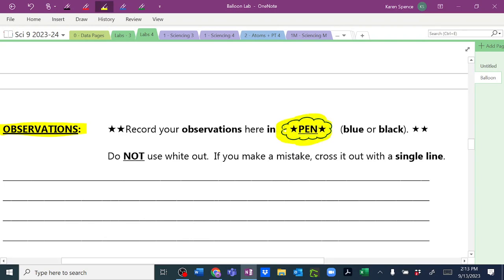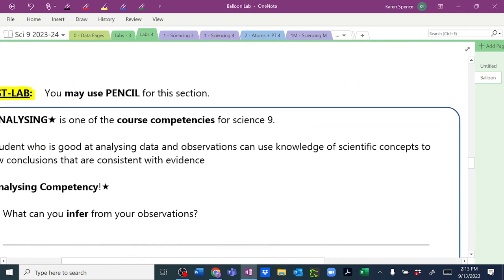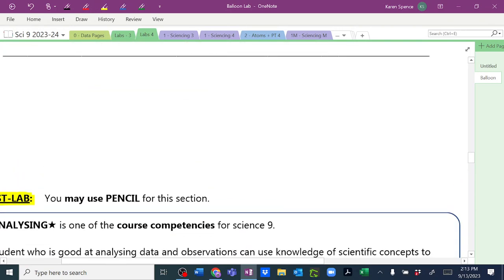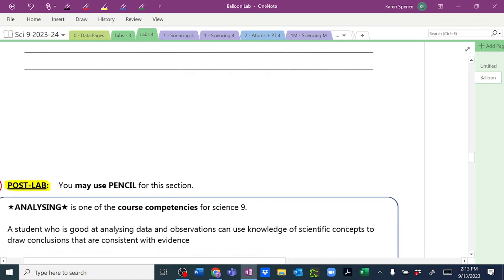Okay, blue or black. Do not use pencil, do not use whiteout. Don't scribble out a mistake. What should you do instead? Cross it out with a single line. Okay? So there's your observations. Again, there's a little bit of blank space if you want to draw a picture.